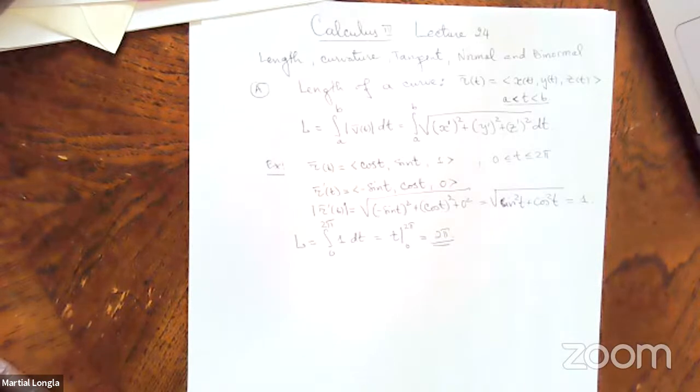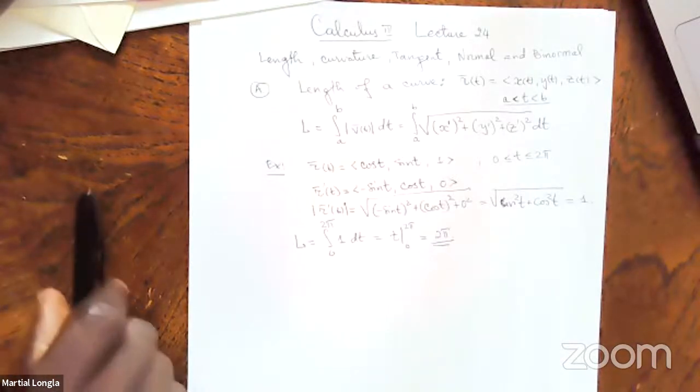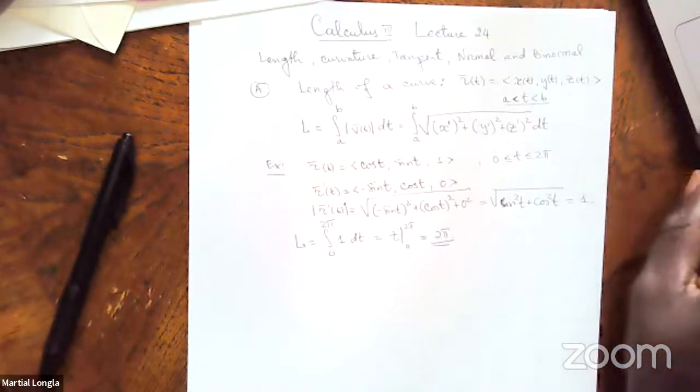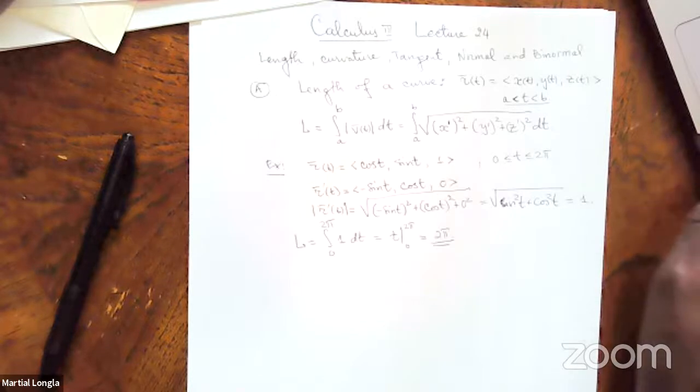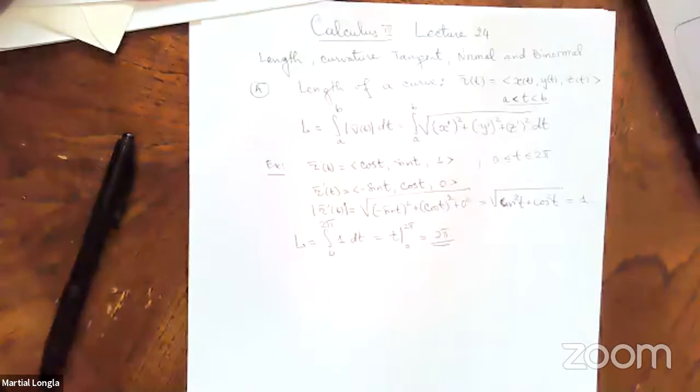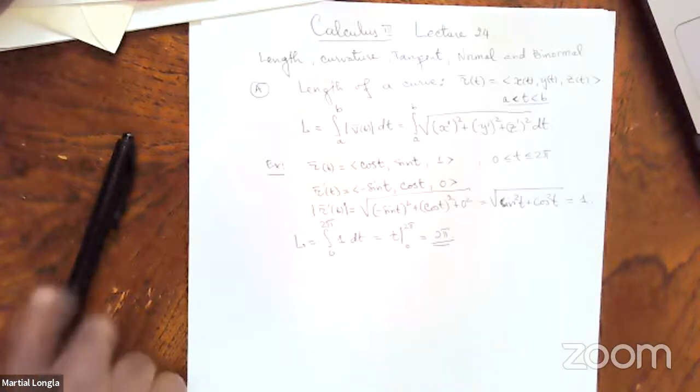By the way, when you look at that, this is actually a circle when you restrict it to the xy plane. So it is a circle, not in the xy plane, but in a plane that is parallel to the xy plane at z equal 1, right?